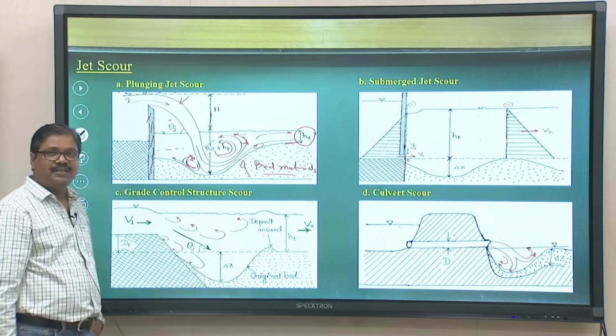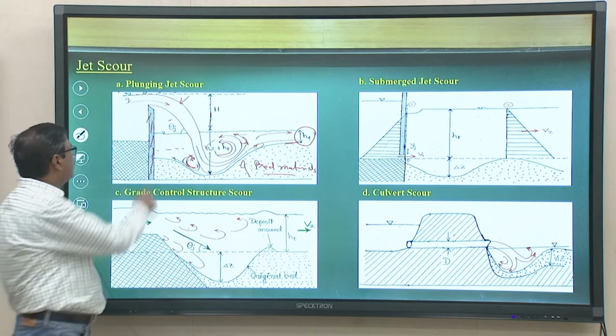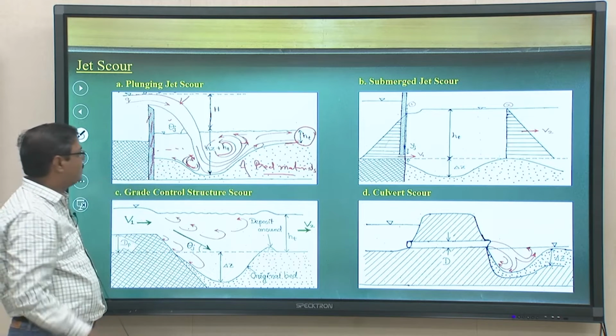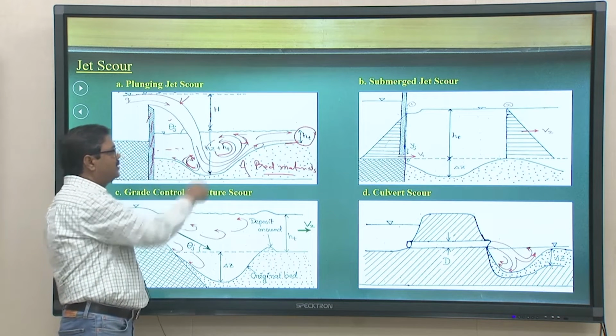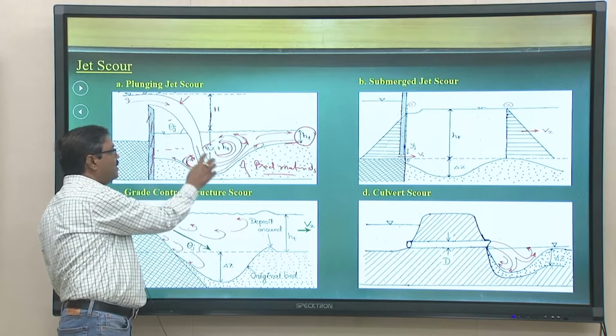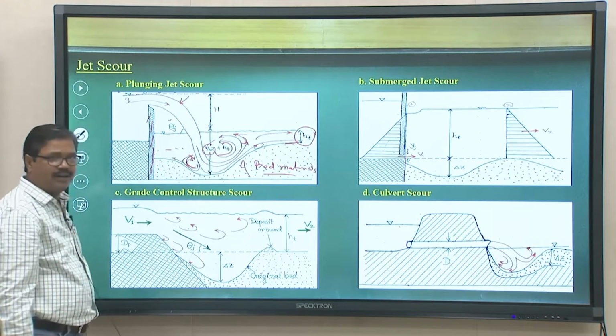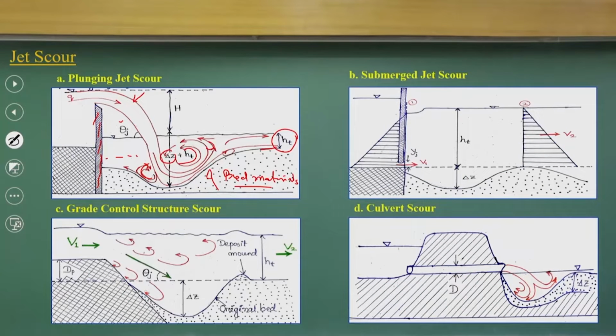So, this scour happens just downstream of a dam or a weir, where you have a water jet impinging on the tailwater. We need to find out the scour depth, delta jet. Mostly we go for a physical model and establish the relationship of delta jet with the flow, the water depth at the tail end, and the bed material characteristics.